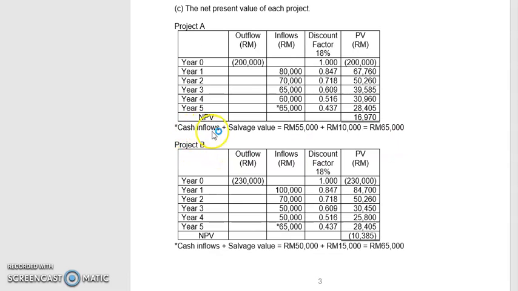So the cash inflows plus salvage value equals 55k plus 10k equals 65k, right? This is the calculation for year 5.